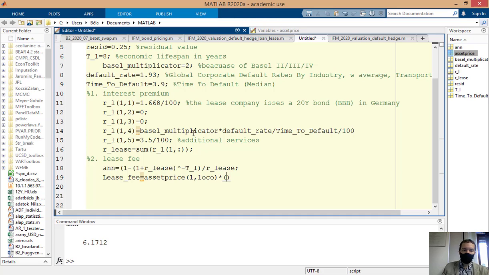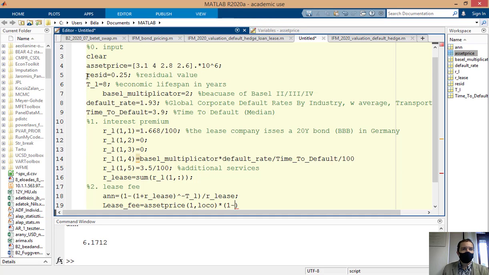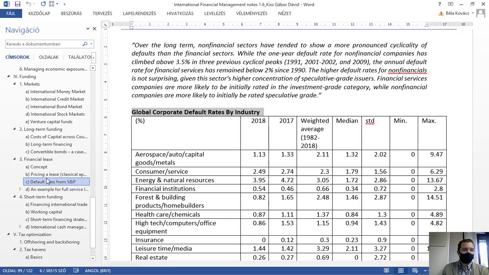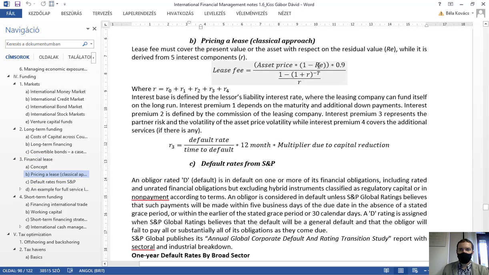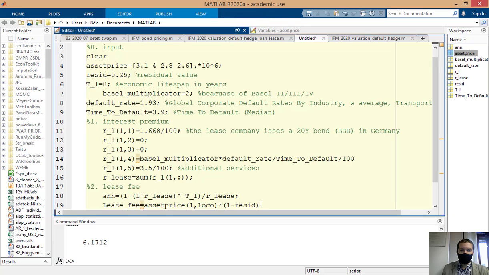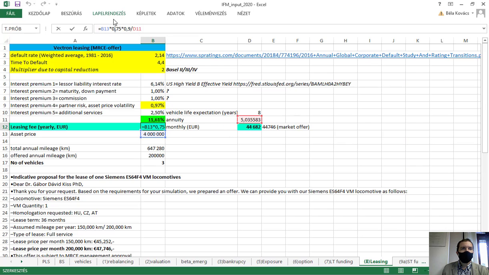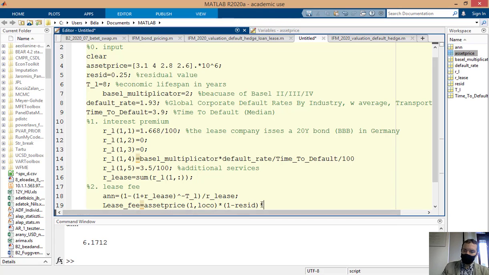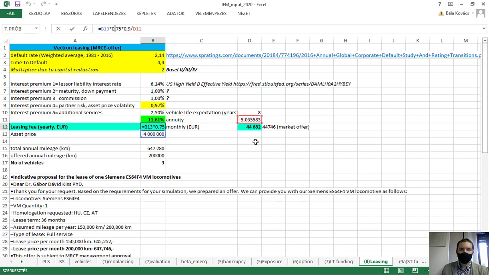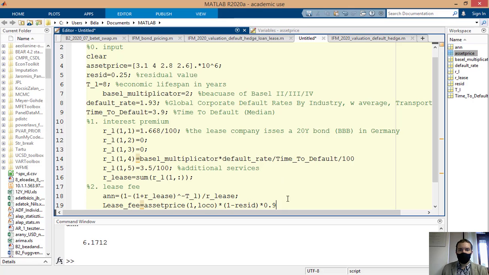It's multiplied with 1 minus the residual value, as you were able to see here. Then it should also be multiplied by 0.9 because it's necessary to see that it's not on full value, and then we have to divide all of this. Actually the bracket is not needed because of mathematics, but it's still nicer.